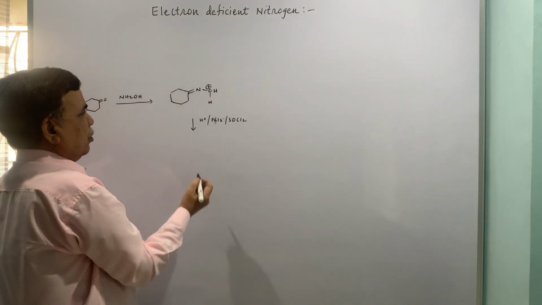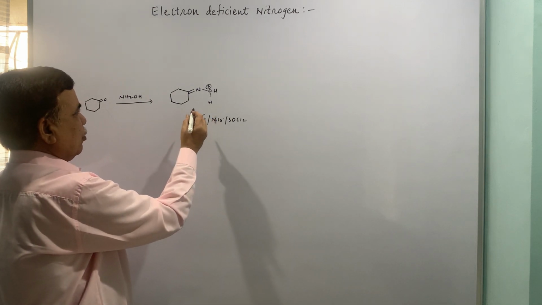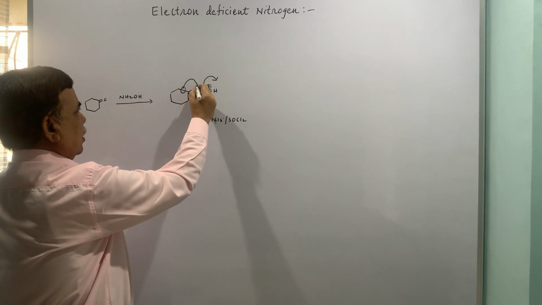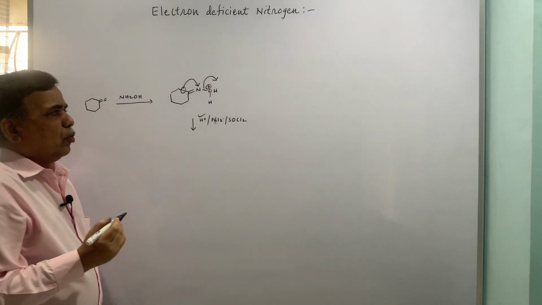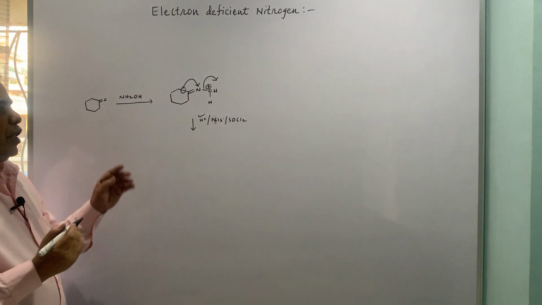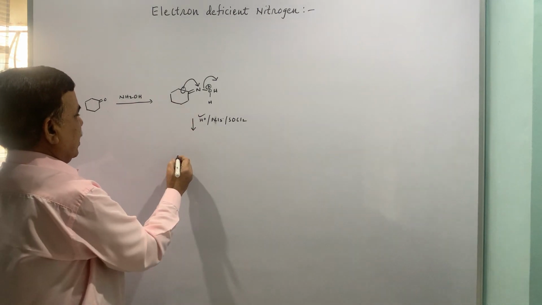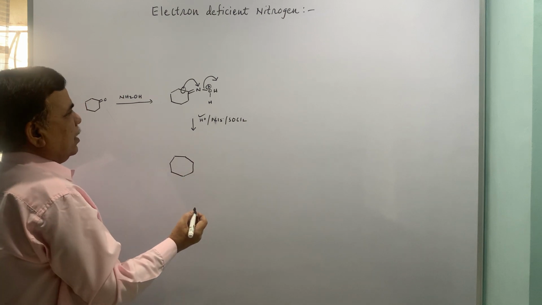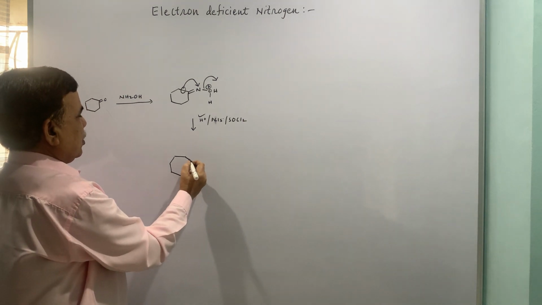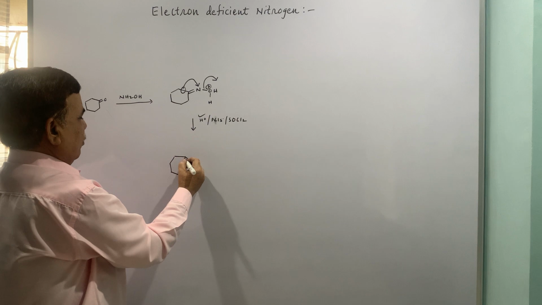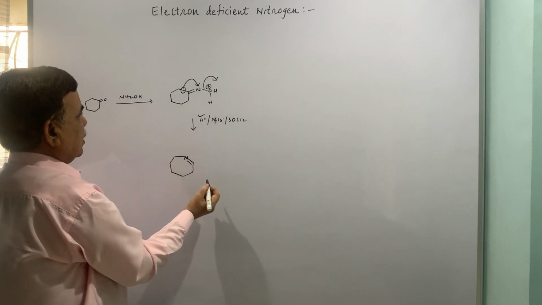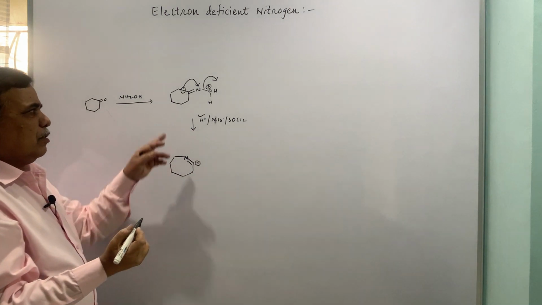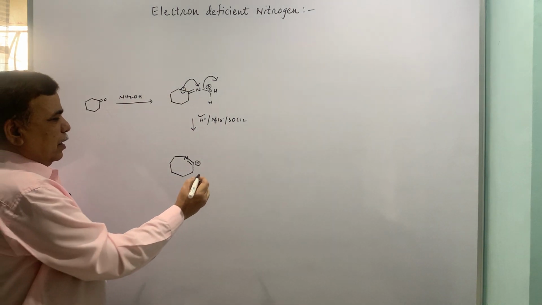So protonation of this with H plus, when this goes off, the group anti to the OH2 migrates and you get the expansion of ring. Now that 6 membered becomes 7 membered, and of course N will be there. I am just putting this, and this carbon becomes electron deficient because you are breaking the 4th bond here.